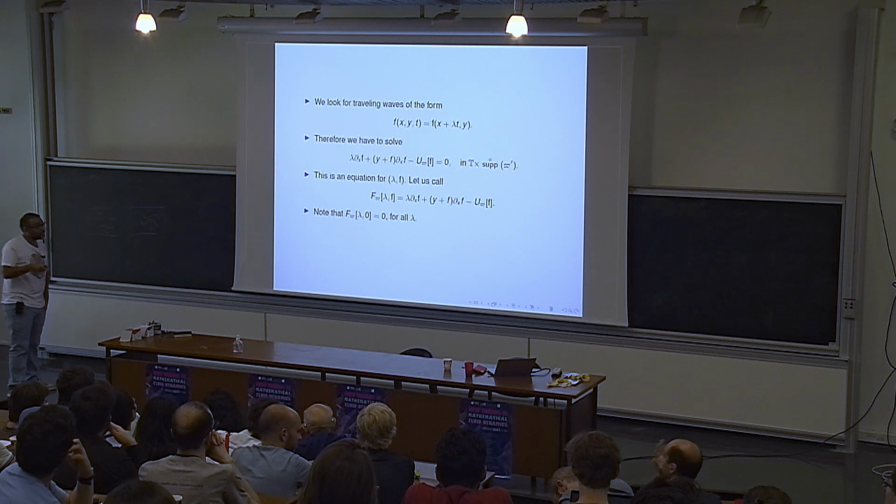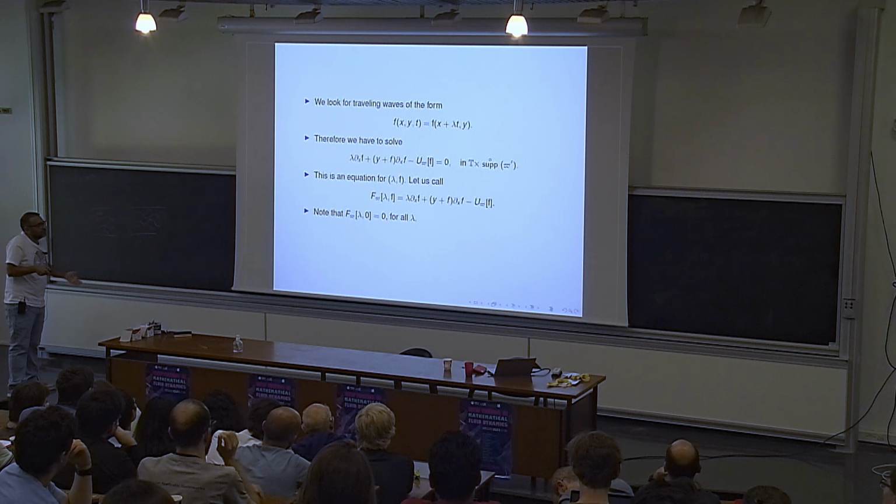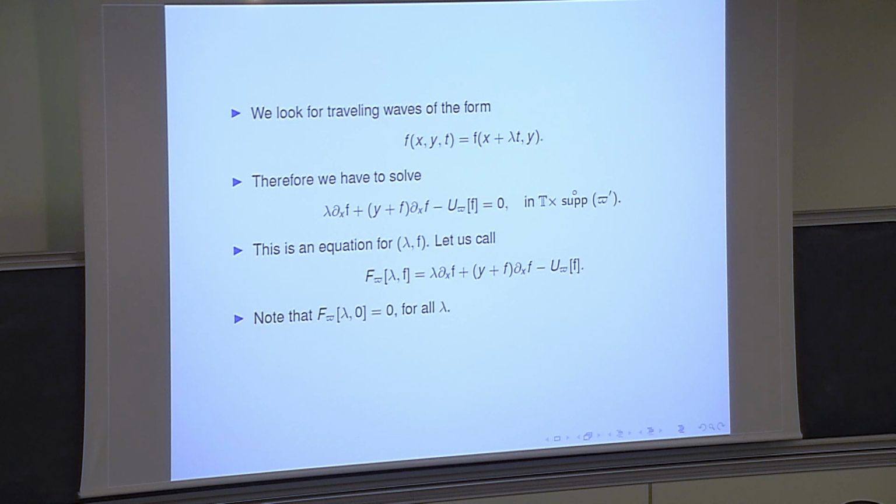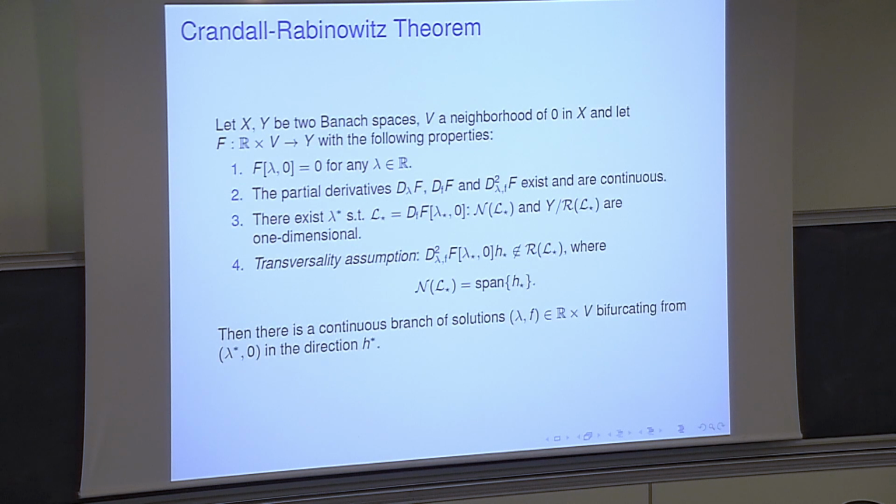Okay, and this is the starting point to try to apply the Crandall-Rabinowitz Theorem in order to find a branch of solutions bifurcating from this value f equal to 0 at some value lambda. So this is the Crandall-Rabinowitz Theorem.